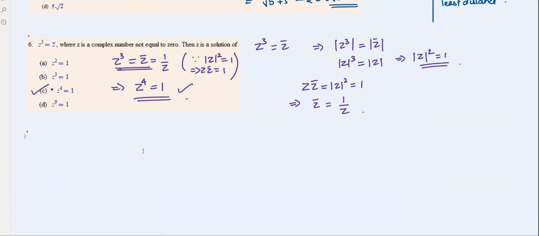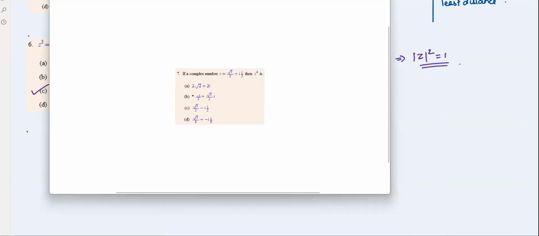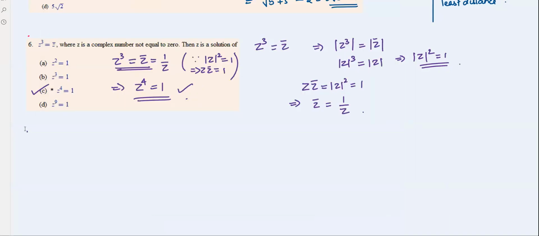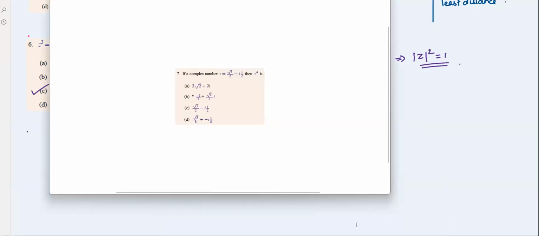Now this is a what? It's not getting copied.